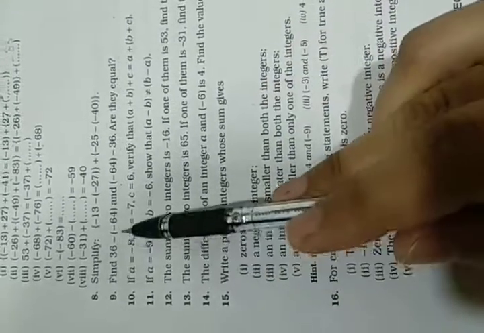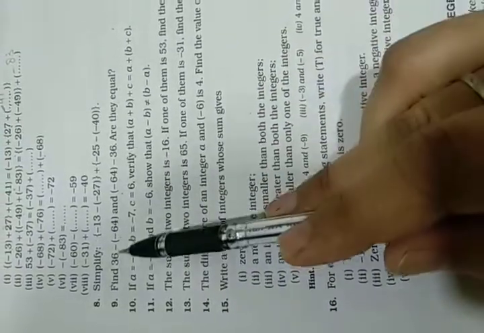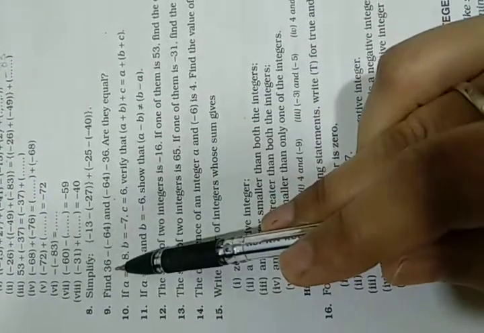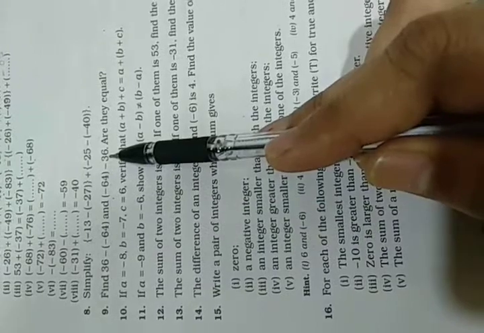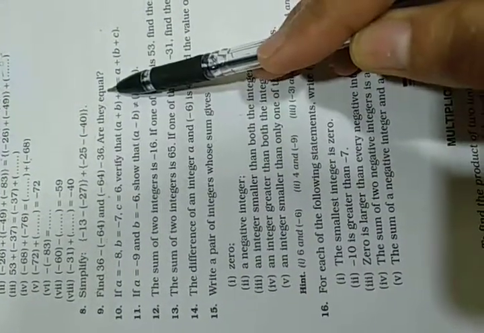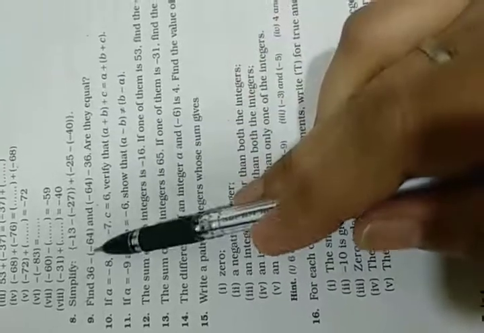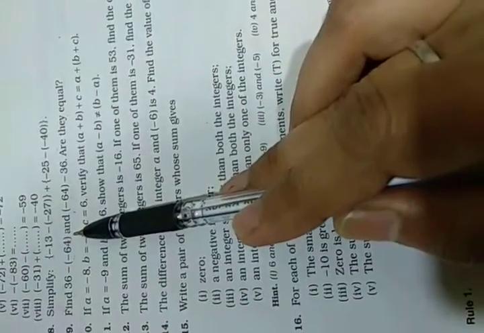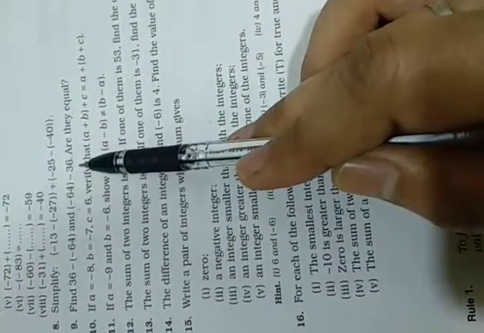First of all, find this and this. It means we have to solve this equation and this equation. Then after that we have to prove whether both the equations are equal or not. Okay, first of all solve this equation and after that solve this equation.